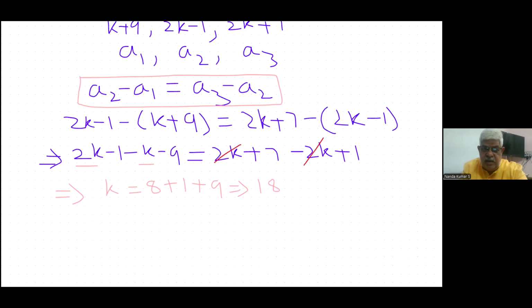Now children, on the right hand side, plus 2k minus 2k I cancelled. 7 plus 1 gives you 8. Next, 2k minus k gives you 1k, and minus 1 and minus 9 I shifted to the right, they became plus 1 and plus 9. Now by adding all three, we got the k value as 18.